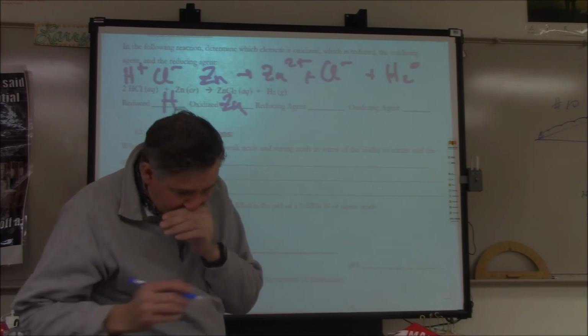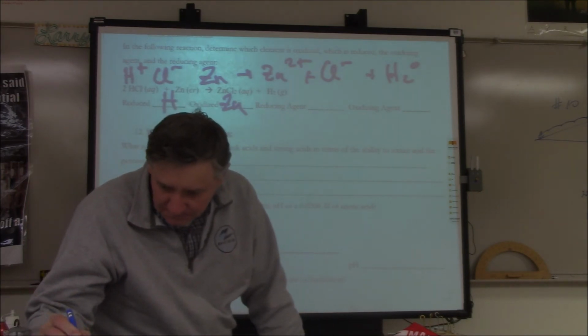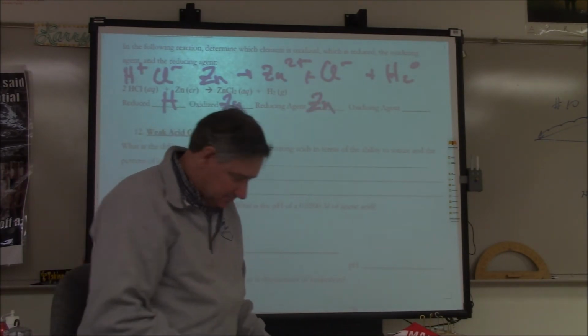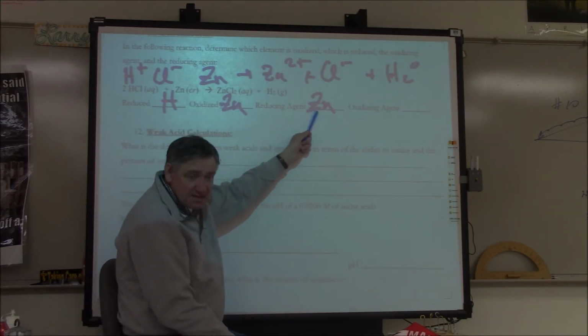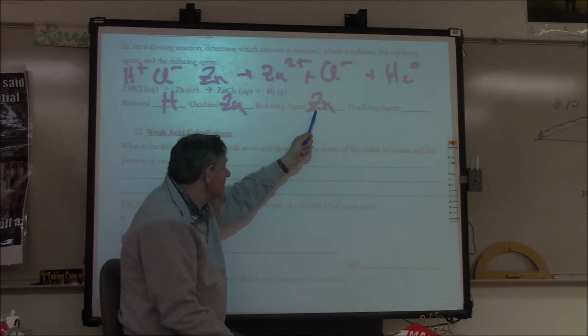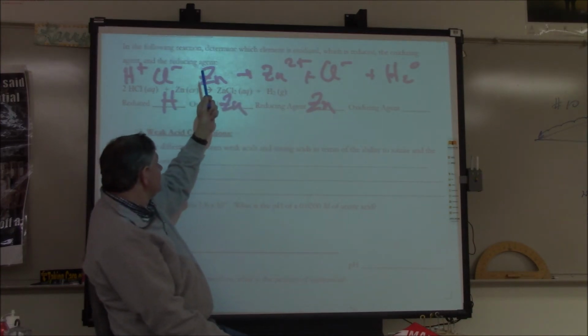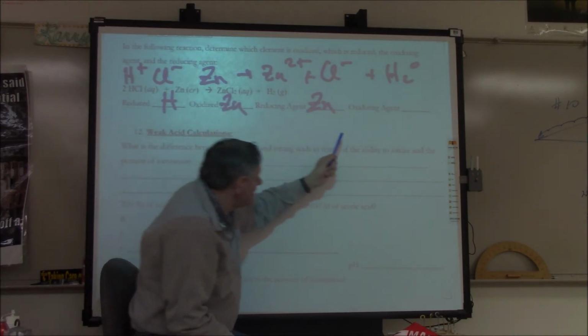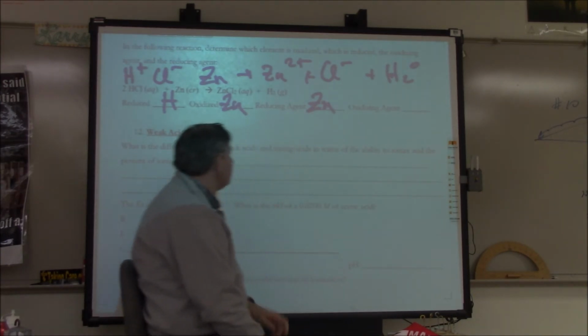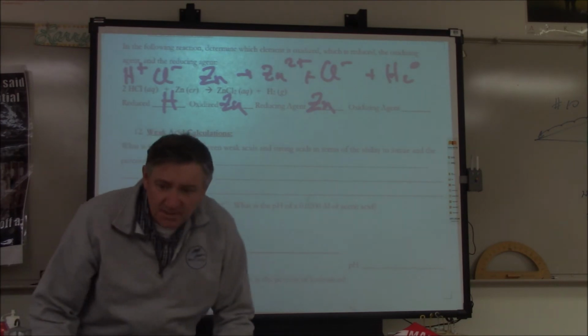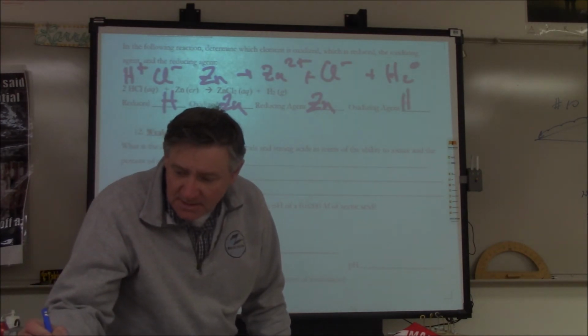So, your reducing agent here is going to be the zinc, because the zinc is what was oxidized. So your reducing agent contains what is oxidized. Now, my oxidizing agent contains what is being reduced. So my oxidizing agent is going to be HCl.